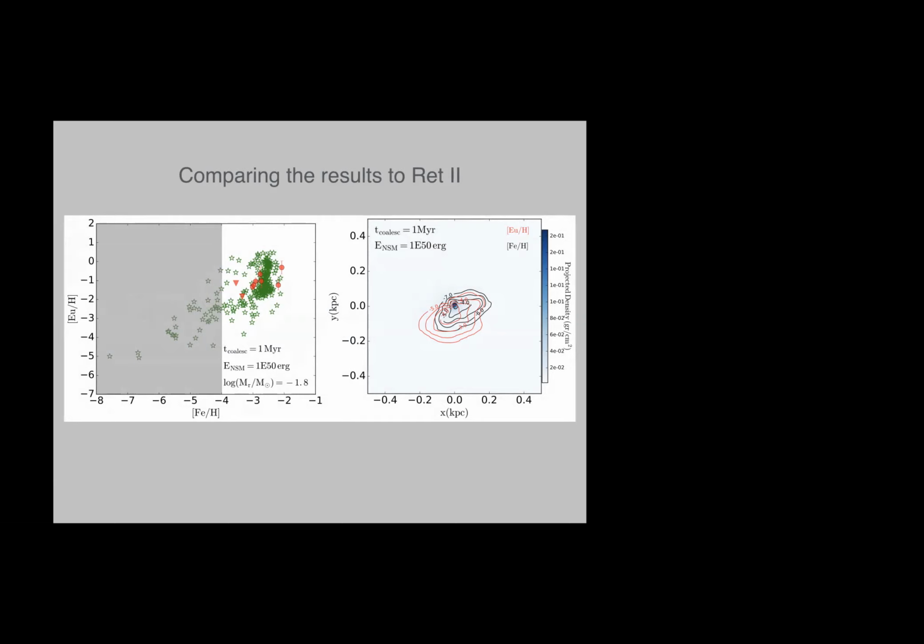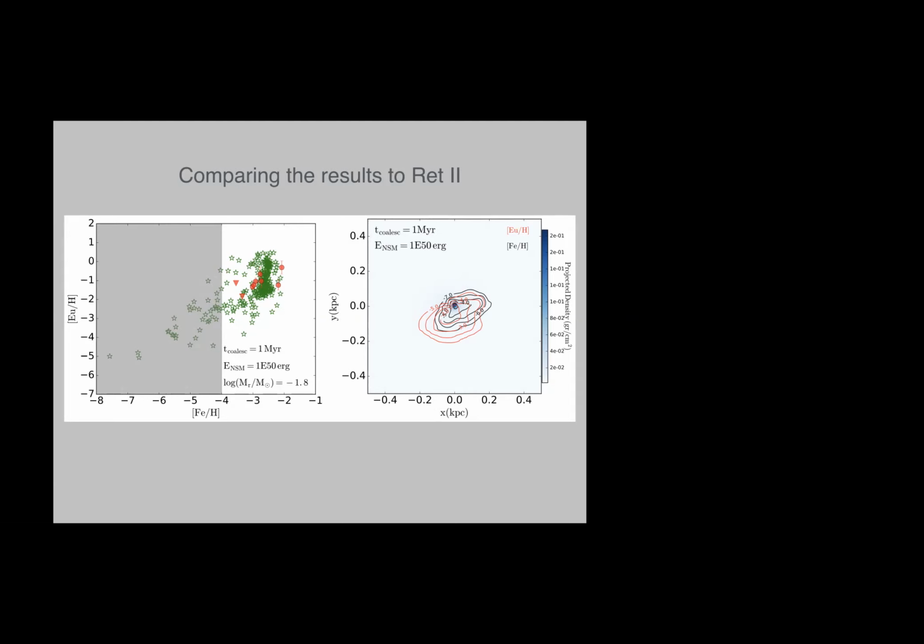I'm showing this in the left panel. On the right panel, I'm showing the gas distribution in metals, shown with black contours, and europium, shown in red. As you can see, these contours are basically co-centered, so they come from the same region in the galaxy.